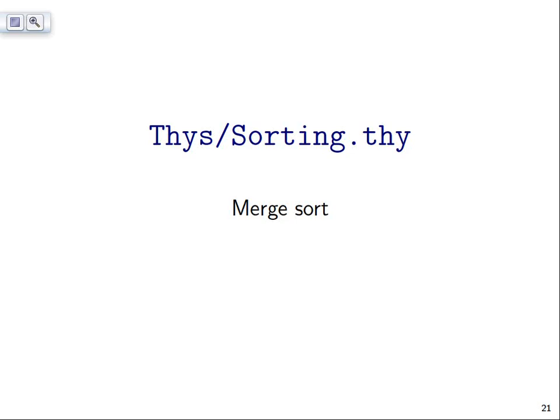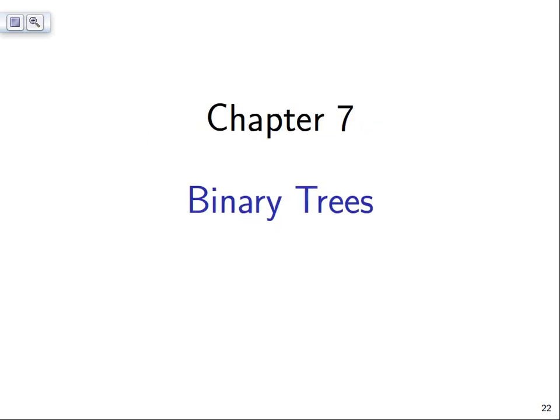So now, that was all I wanted to say about sorting. And so now we close the sorting chapter and we get on to binary trees. And today I just want to talk about a few simple properties of binary trees that don't have anything to do with sorting yet.